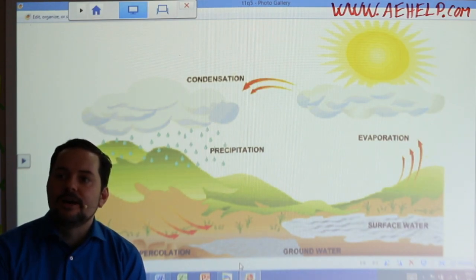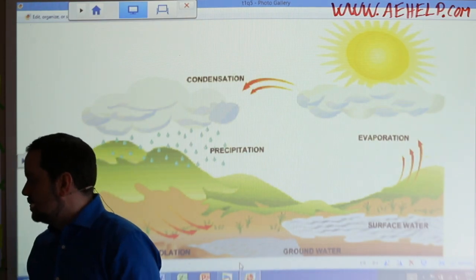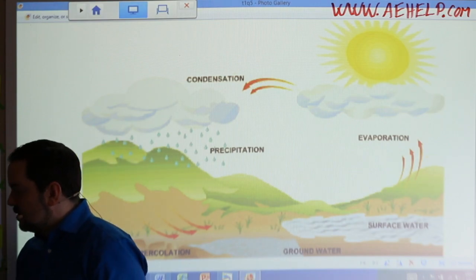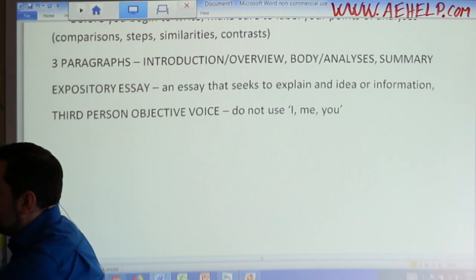Nasir says the diagram shows 6 stages of how surface water develops. Yes, but it's not just surface water, but it's the movement of water. Rajib says this diagram illustrates 6 stages of water conversion. Yeah, that's an okay beginning as well for the overview. So some good ideas there, guys and girls. Just make sure that it's specific and you're focusing on the global overview, not one specific stage.